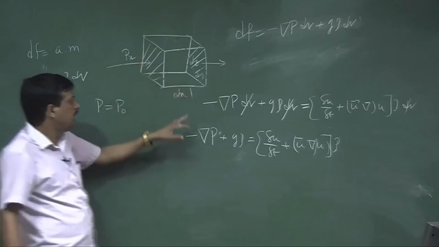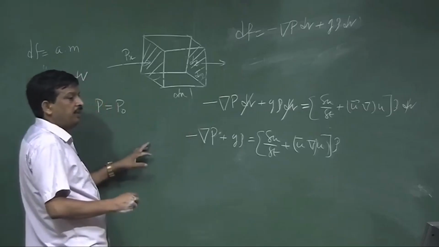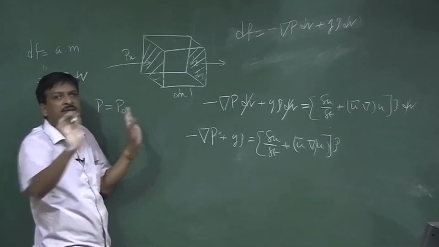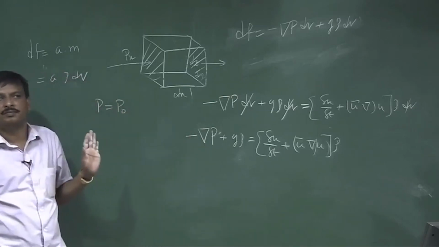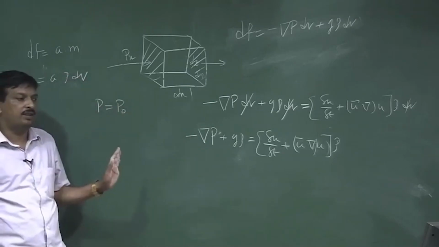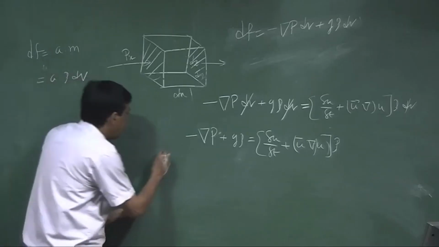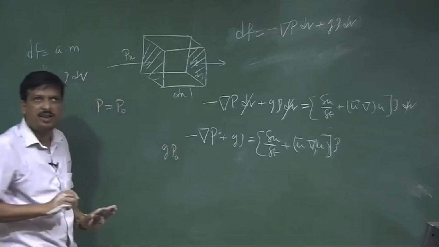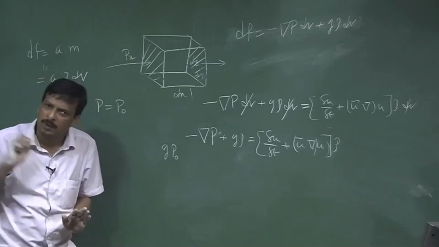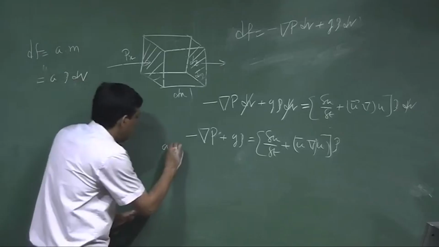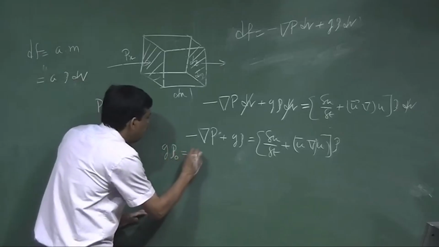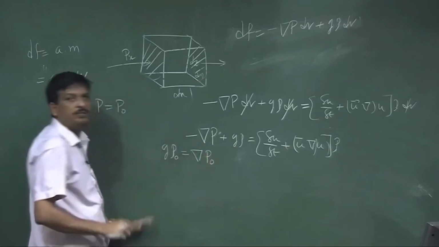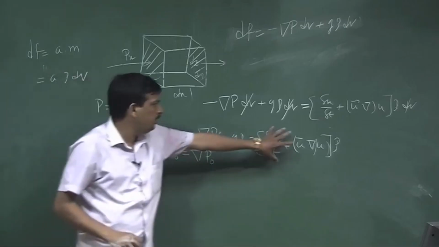So in this equation, if there is no acoustic excitation, I can say G rho0, no acoustic excitation meaning the equilibrium density rho0, G rho0 is equal to the divergence of P0, because this portion is 0.